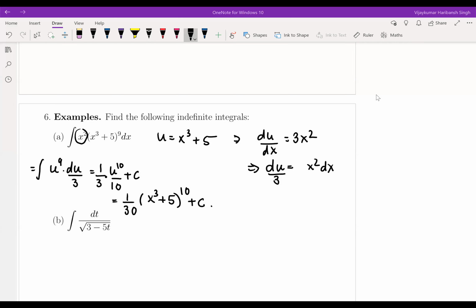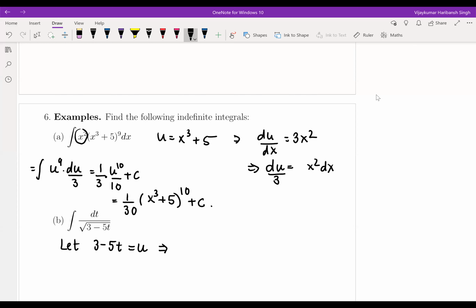Let's look at this problem now. How would we go about it? In this case, we should let 3 minus 5t equal u. So what do we get out of this?